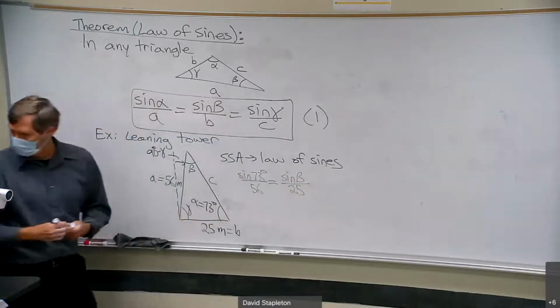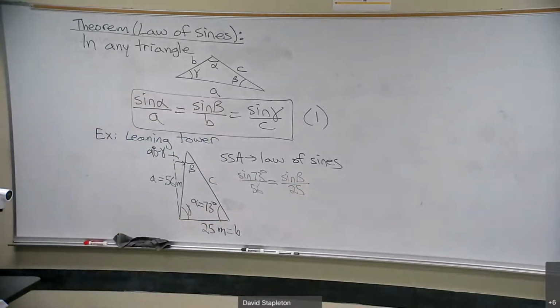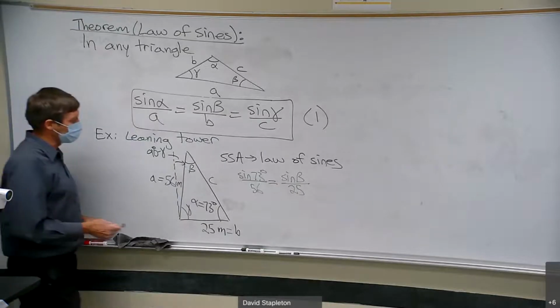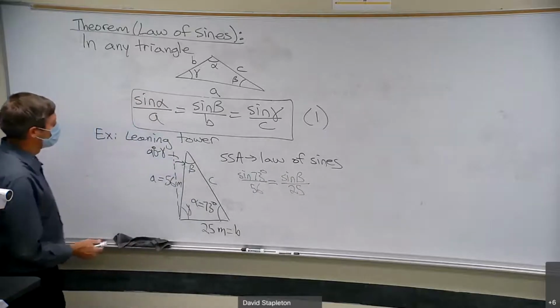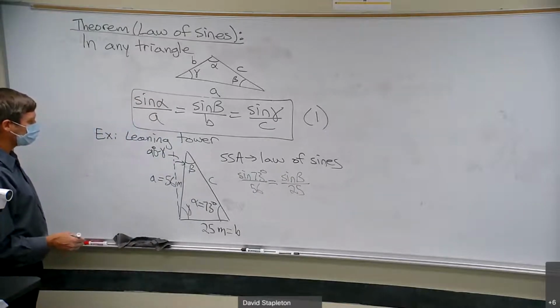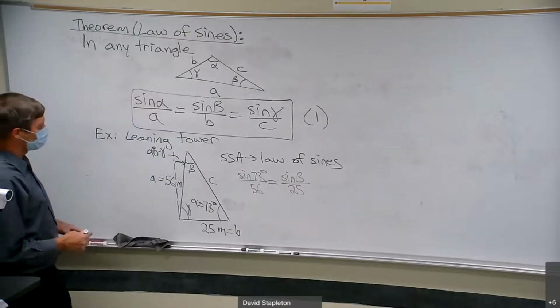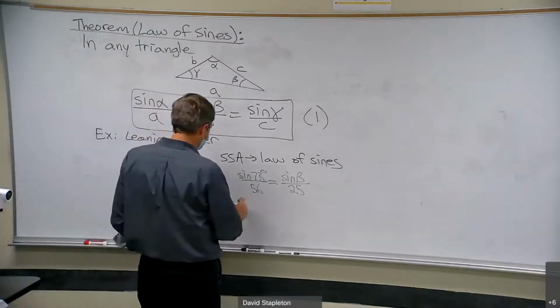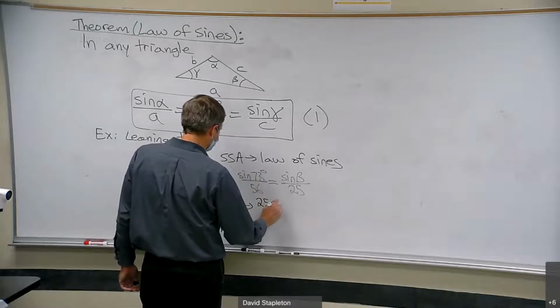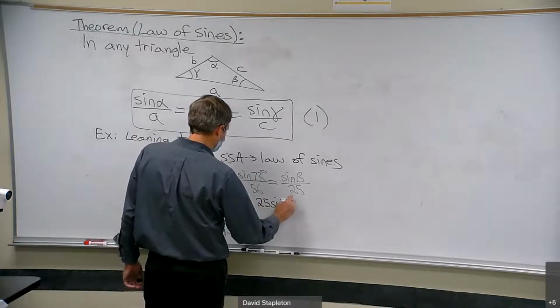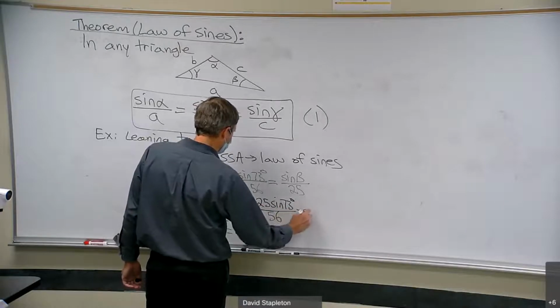So there's the law of sines with 3 numbers I know put in and 1 number that I don't. Right? I can solve for it. I just multiply both sides by 25 and say equivalently 25 sine 73 degrees divided by 56 is the sine of beta.